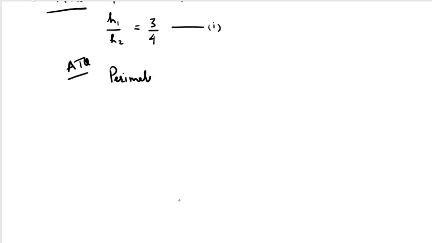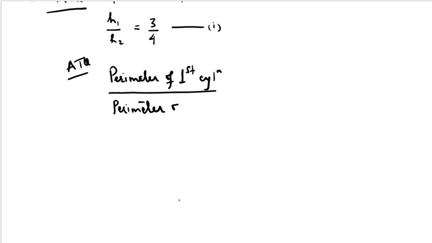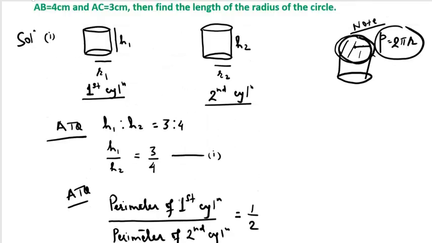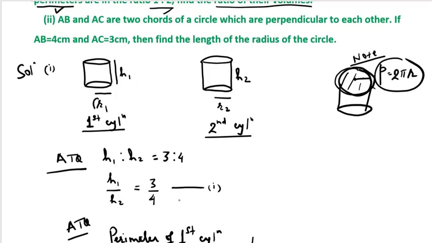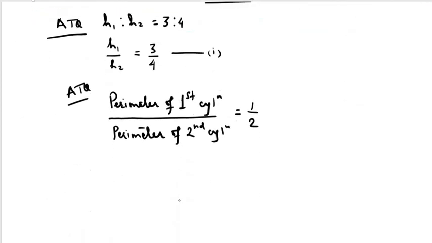Perimeter of first cylinder is to, ratio भनेको by हो, I can directly write, perimeter of second cylinder कति दिएको छ हामीलाई 1/2. And first cylinder को radius कति छ R1 छ. First को radius R1 छ, second को radius R2 छ, isn't it? So we will use that.